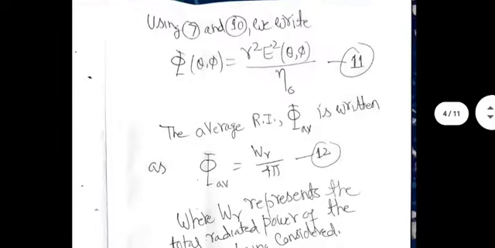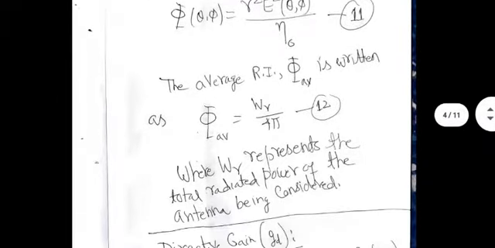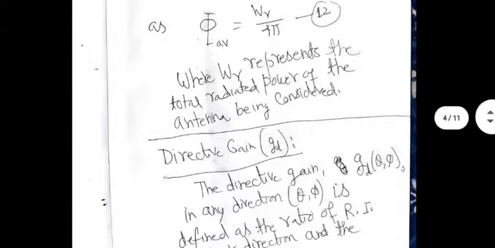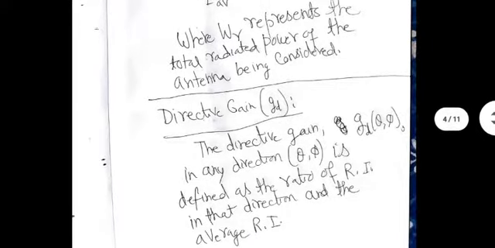Now, in a given theta, phi direction, the ratio of phi of theta, phi divided by phi average is known as the directive gain. The radiation intensity in a given direction divided by the average radiation intensity is known as the directive gain of the antenna in that direction. It's a little cumbersome definition, but that's the way it is. Directive gain, we represent it by small g with a suffix small d, and it's a function of theta and phi.